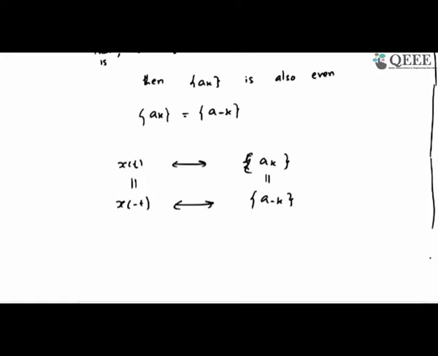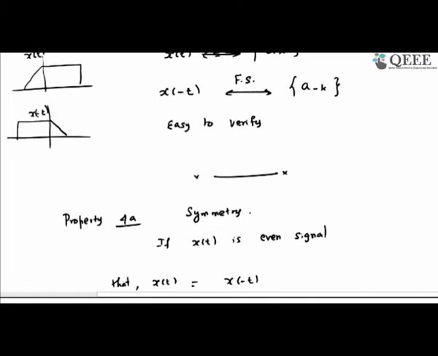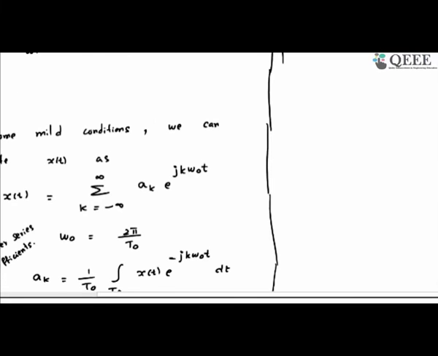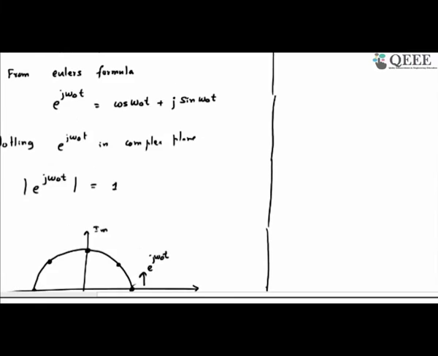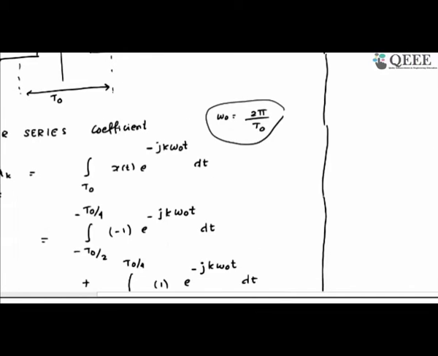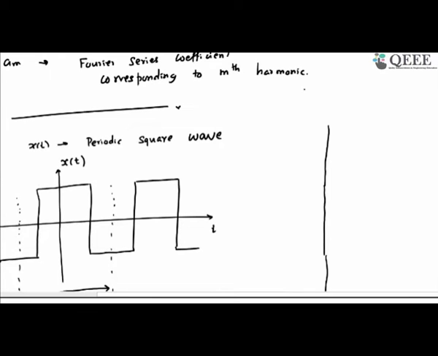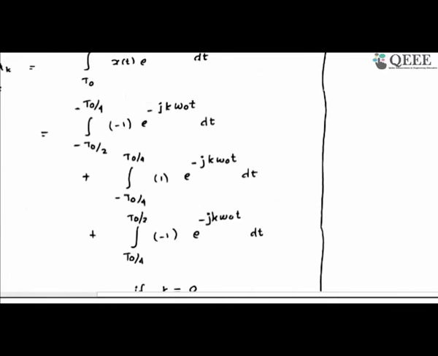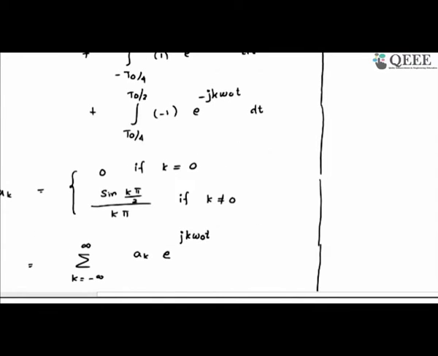Okay, so again we can look at this here. If we go back to the square wave example which we saw earlier, the square wave is a symmetric function with respect to 0, right. So x of minus t is equal to x of plus t. Now if I look at the Fourier coefficients, it is sin k pi by 2 divided by k pi.